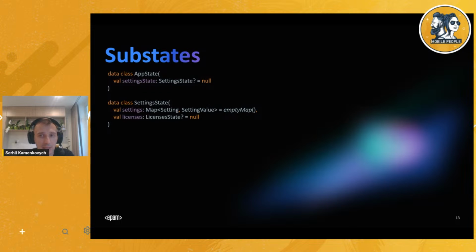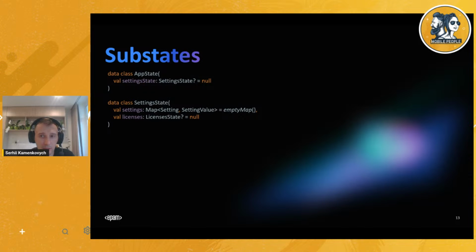What we can see here, our app state now contains an optional setting state, which corresponds to the state of settings screen, which user can open, for example, from menu. And just for example, settings screen might have sub-state like licenses. It's for another sub-screen which we can visit. They're both optional.